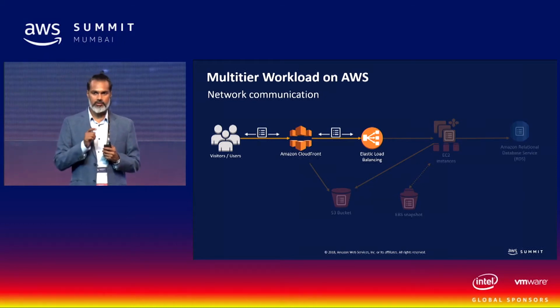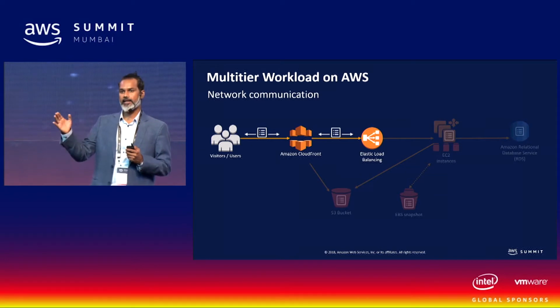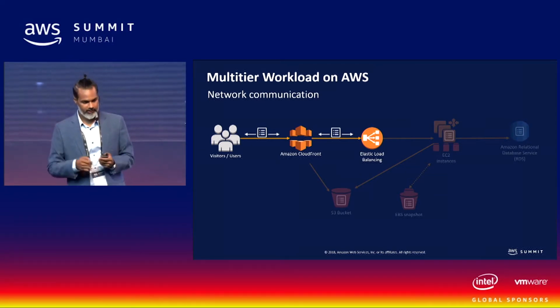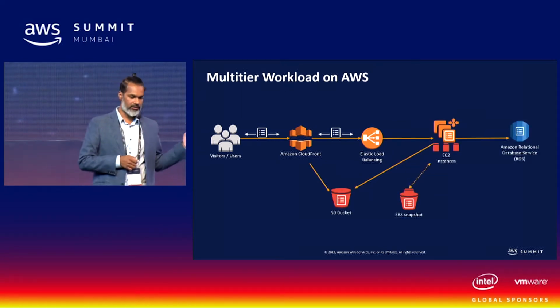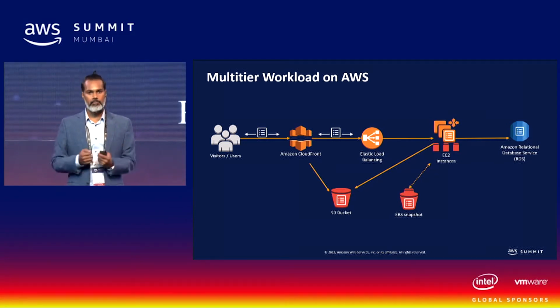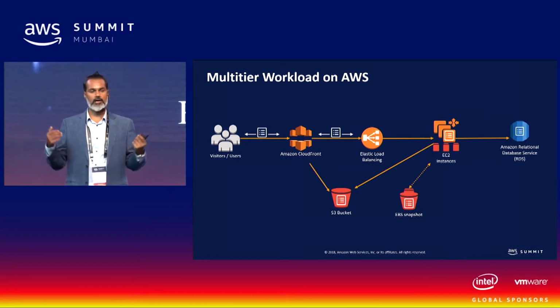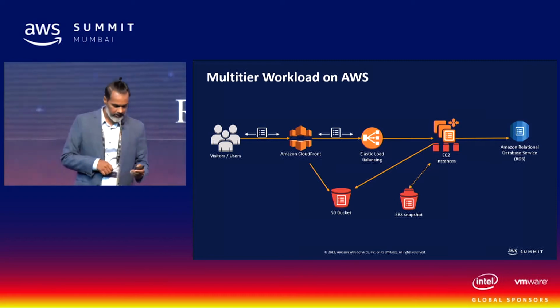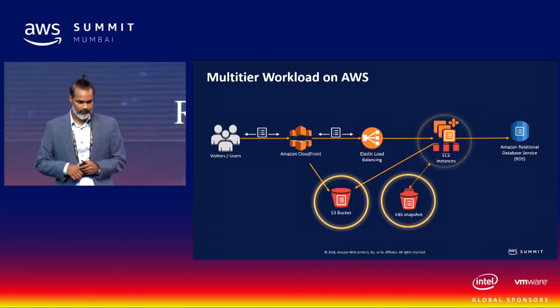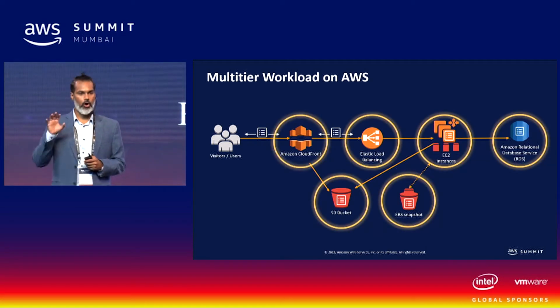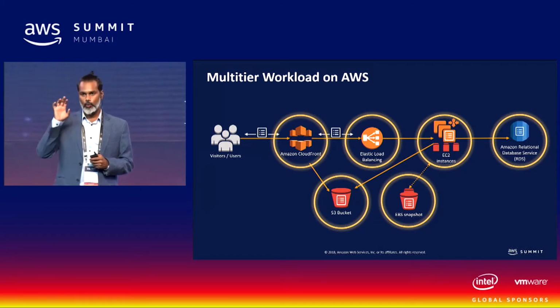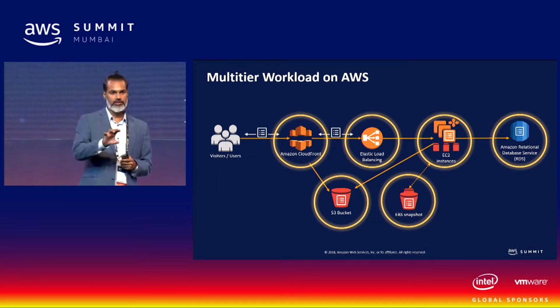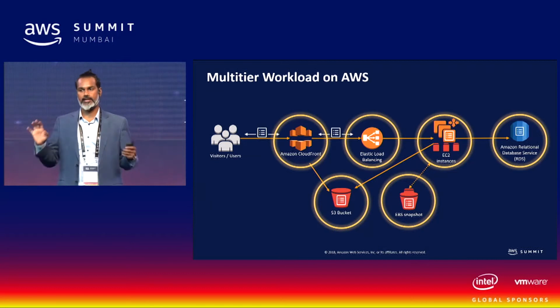So the communication between user and CloudFront, and CloudFront to ELB, also needs to be secured. That's how your typical multi-tier application architecture will look. So we need to make sure all these areas, whether it's in transit or at rest, we have to secure the data.